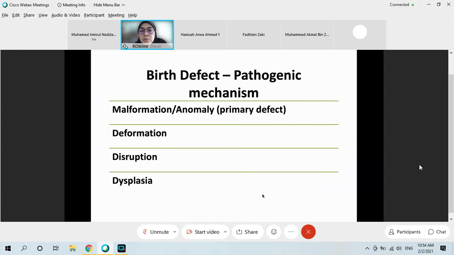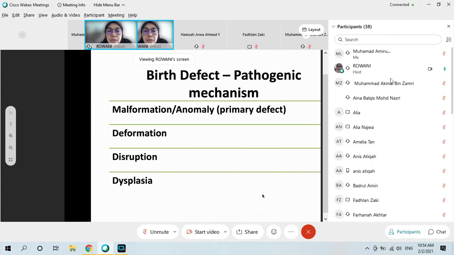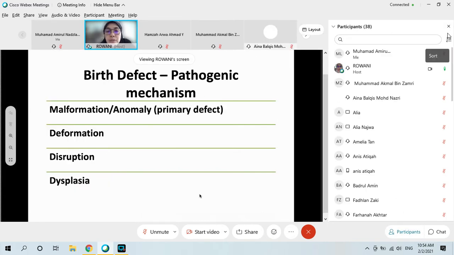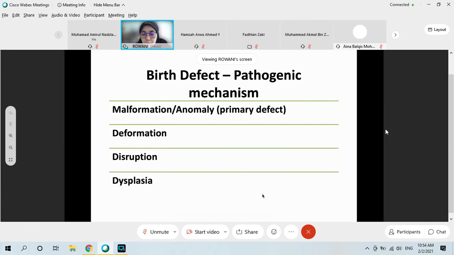Then I want to move on to birth defects. Earlier I focused on dysmorphic features and syndromes. Actually, dysmorphic features and syndromes fall under the category of birth defects as well. So when I say birth defect, what does it mean?